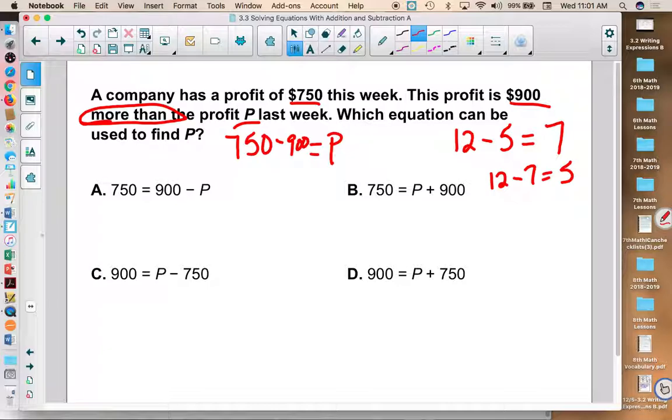You really are. Because if 750 minus 900 equals P, then the true statement 750 minus P would have to be equal to 900, right? Do I have anything like that up there? Yeah, I do.